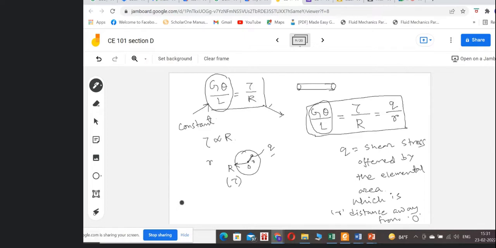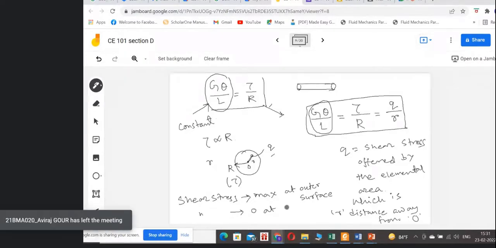One thing we get here is that shear stress becomes maximum at the outer surface, whereas the shear stress becomes zero at the shaft axis.